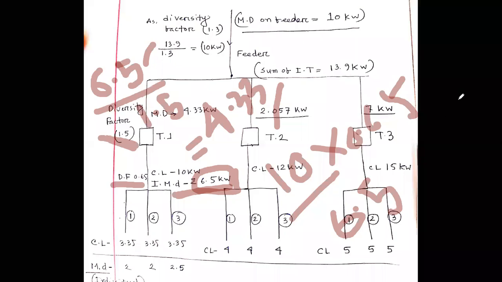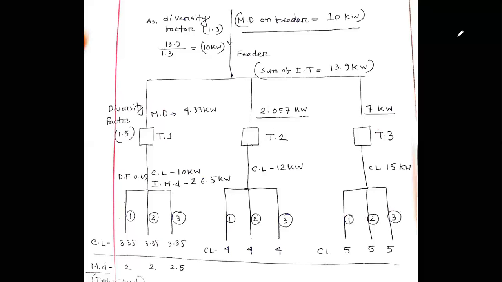Okay. For transformer 1, the maximum demand is 4.33 kilowatt, because it has the diversity factor given. In a similar process, transformer 2 has 2.05 and transformer 3 has 7 kilowatt.